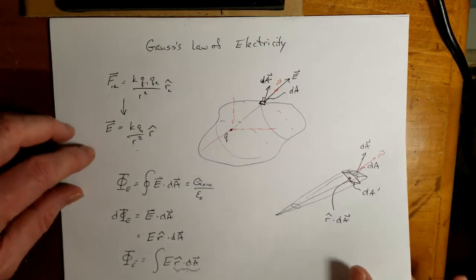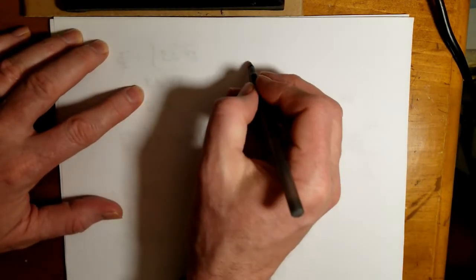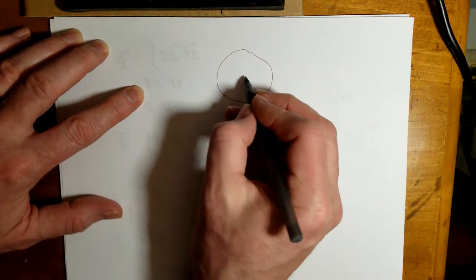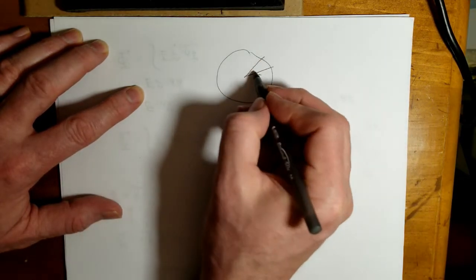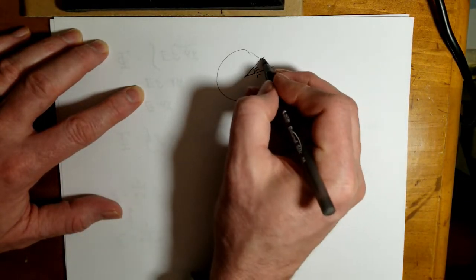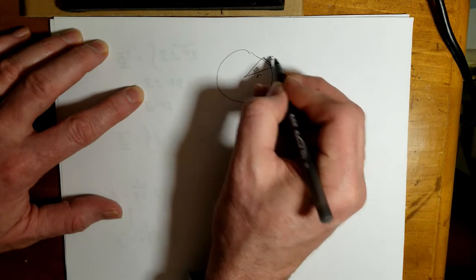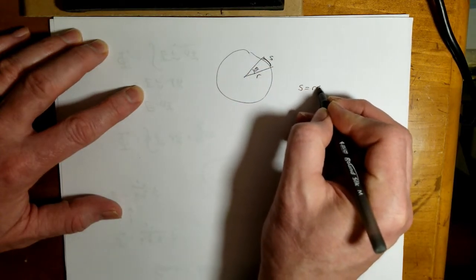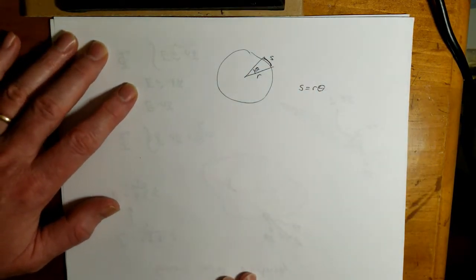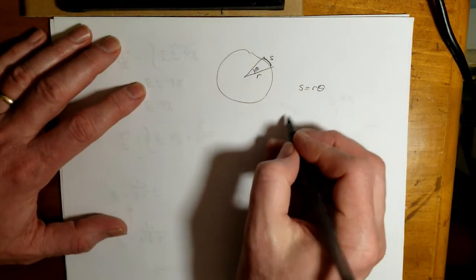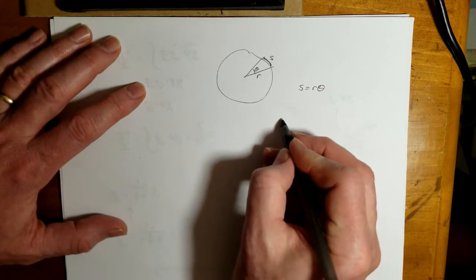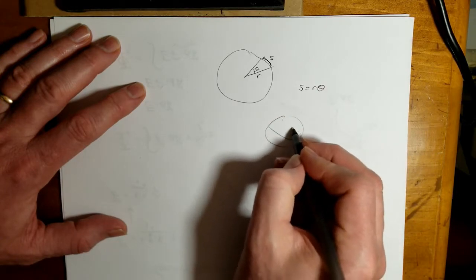Now let's take a moment on solid angles. If you recall, for a circle, start out with 2 dimensions. I find this the simplest way of dealing with it. So if I have r here, I have some angle here, and I have some arc length here, s. I know that s is equal to r theta, assuming theta is in radians. Well, if I go into 3 dimensions, I now have some sphere.